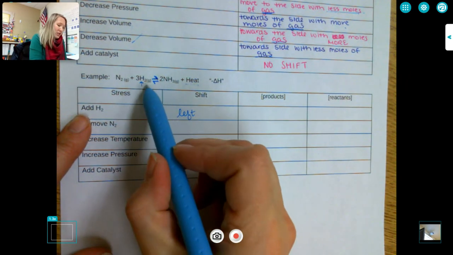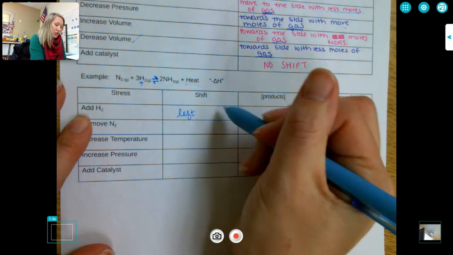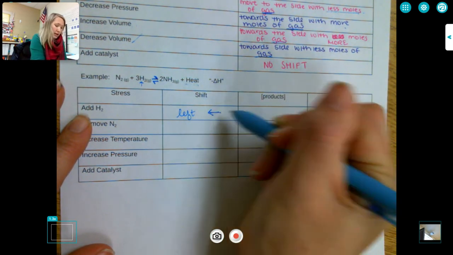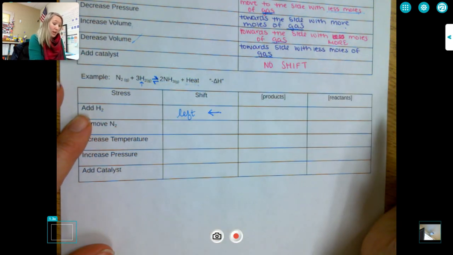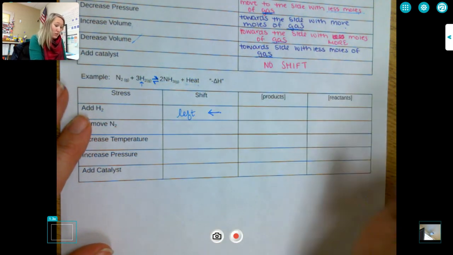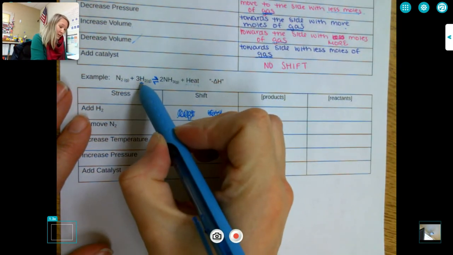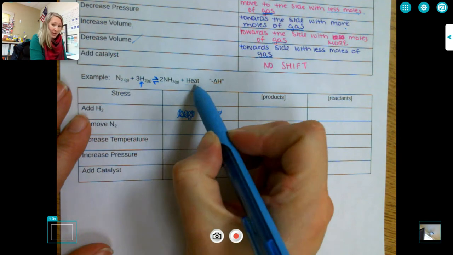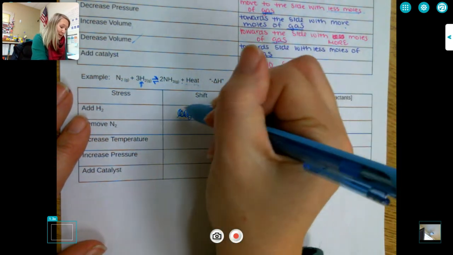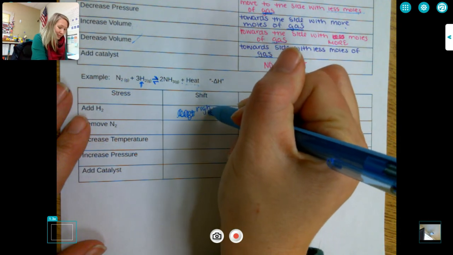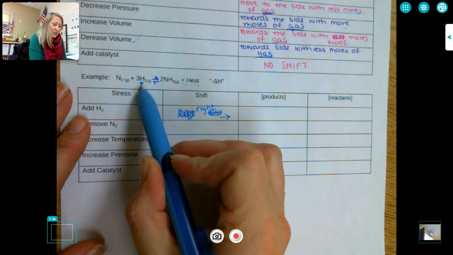Actually, I am going to shift to the right. If I increase this, I'm going to shift away from it. So I'm going to go to the right, which means I'm shifting away from what I added to consume it.